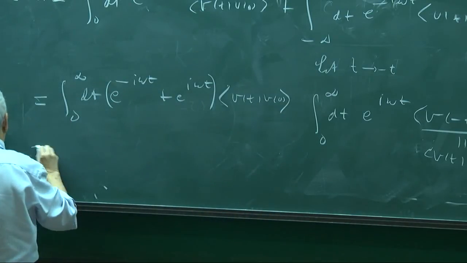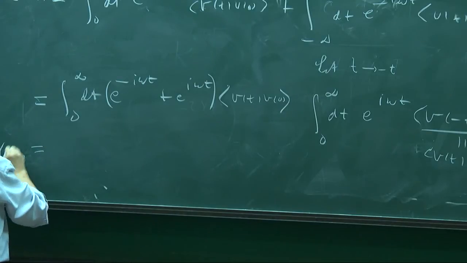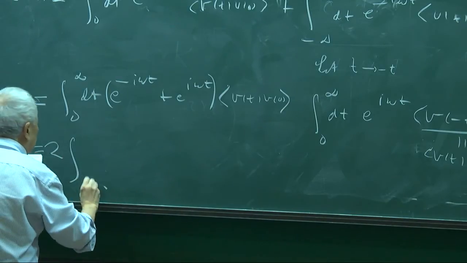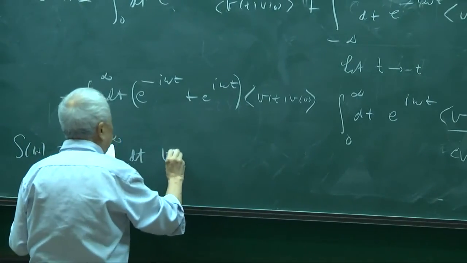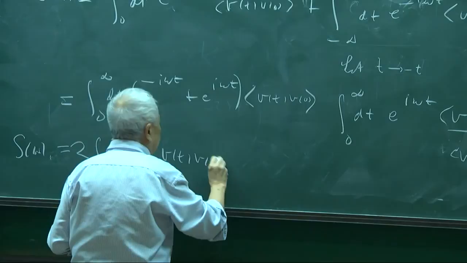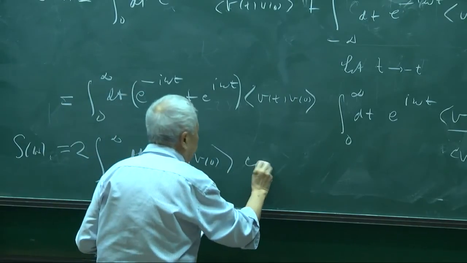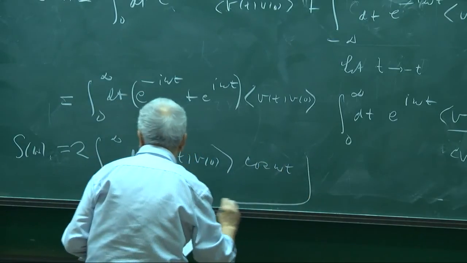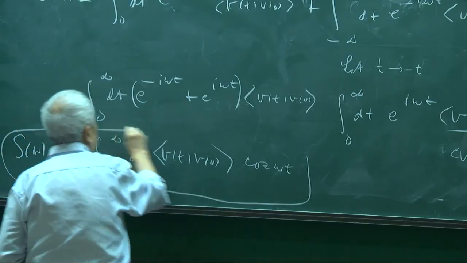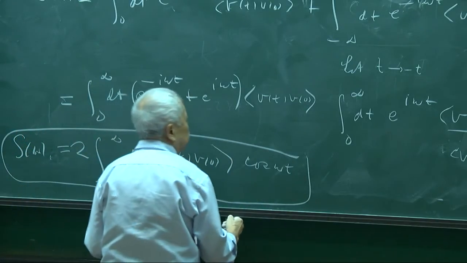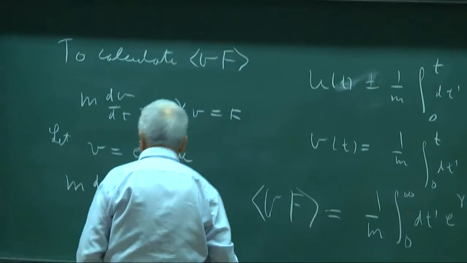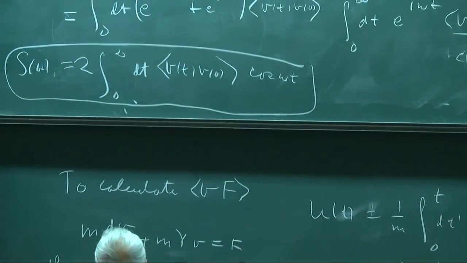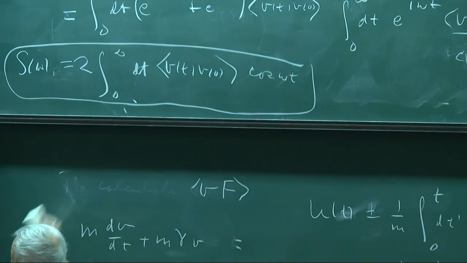And so S of omega is equal to 2 times the integral from 0 to infinity dt of the average of v of t v of 0 times cosine of omega t. This is usually how the theorem is stated. So it's again a relation between correlation and power spectrum.